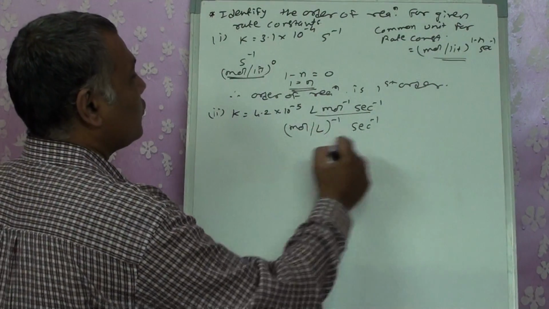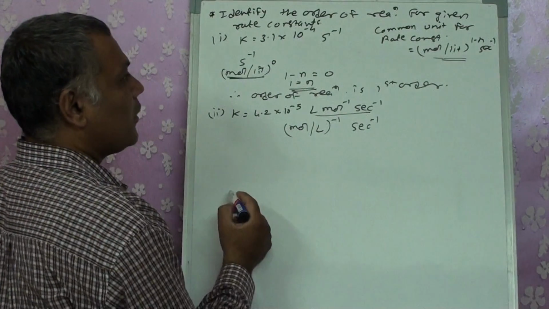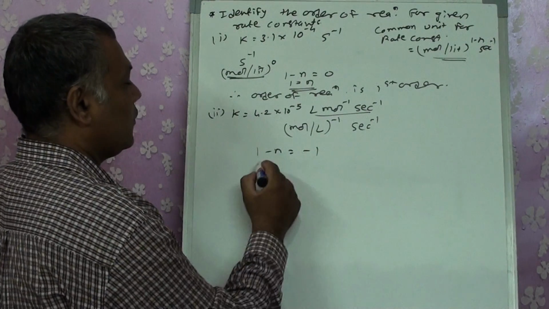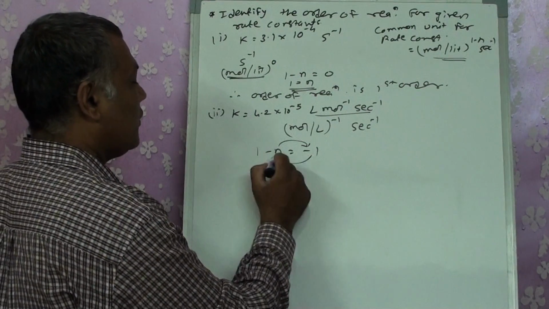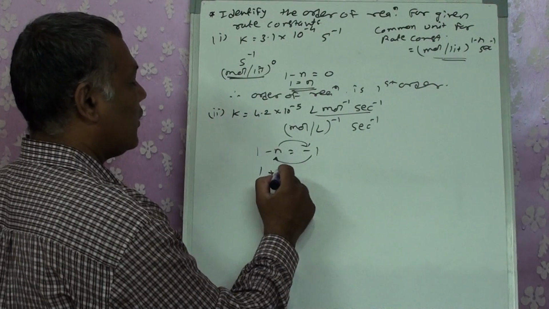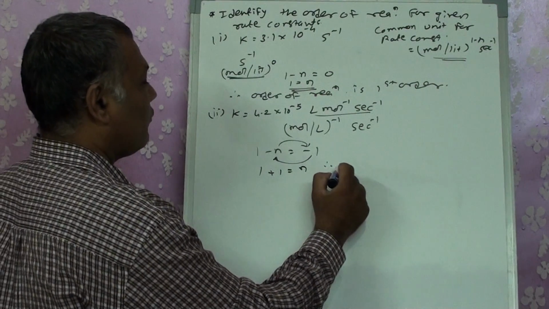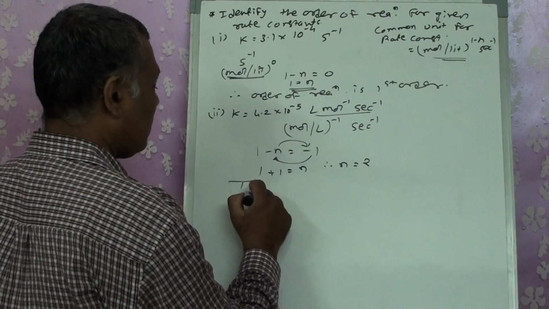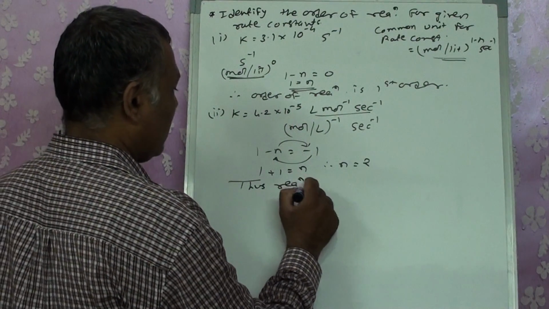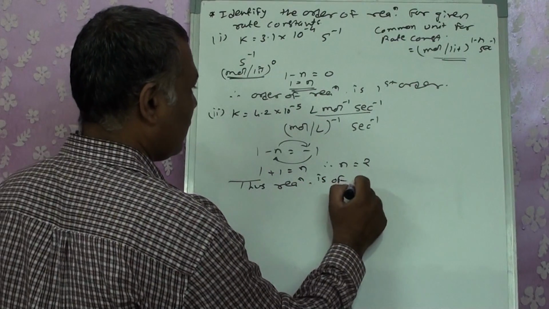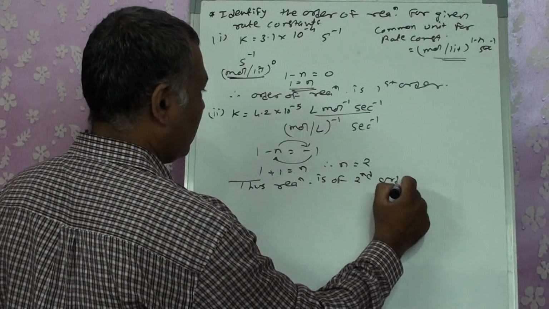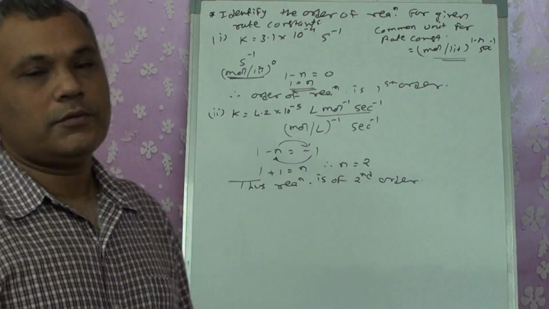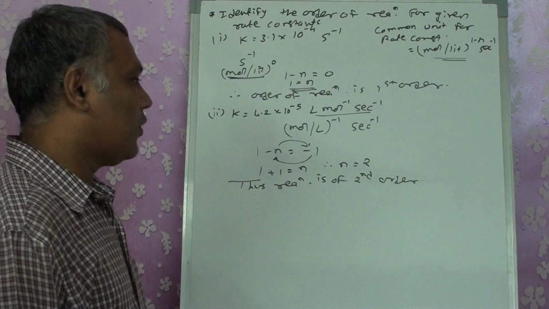Now comparing with the common unit, I get 1 minus n equals minus 1. Taking this term to the other side, 1 plus 1 equals n. Therefore n equals 2. Thus the reaction is of second order. So like that, whatever is given to me, we can calculate it.